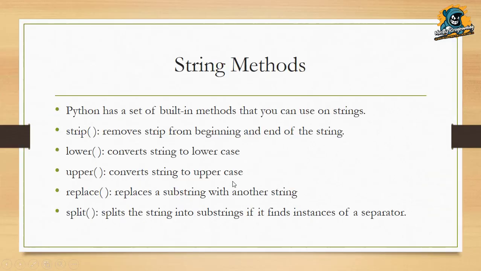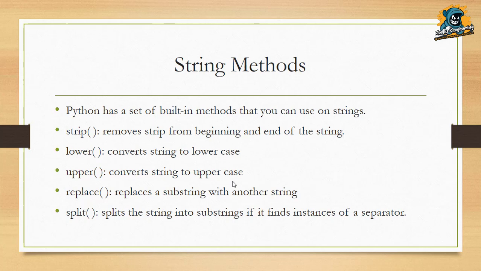So the strip method removes the white spaces from the beginning or the end. If we are using strip, it will remove the white spaces from the beginning as well as the end. If we are using lstrip, it will only remove the left white space. If we are using rstrip, it will remove only the right white space.